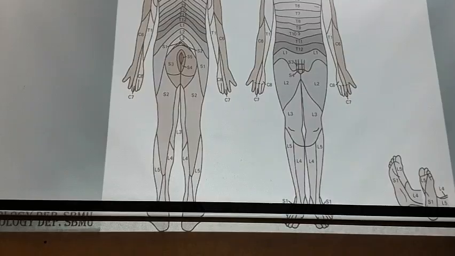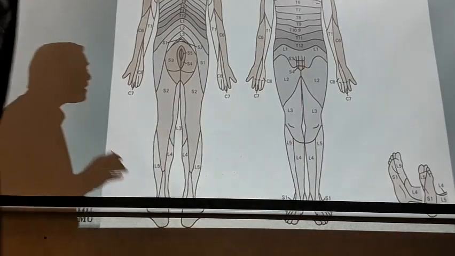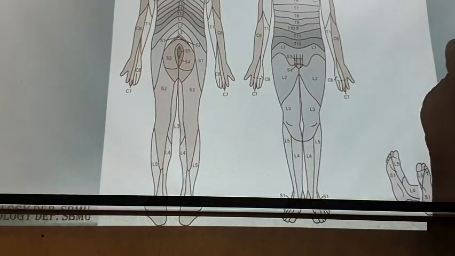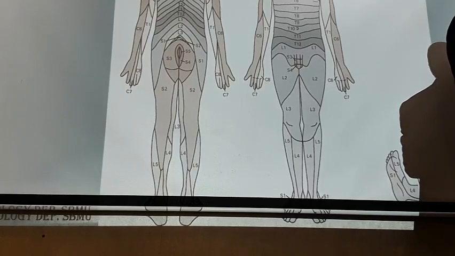And some fibers that are thin without myelination, or they have myelination, but the size is very thin. And I told you that these fibers will join together and enter the spinal cord.